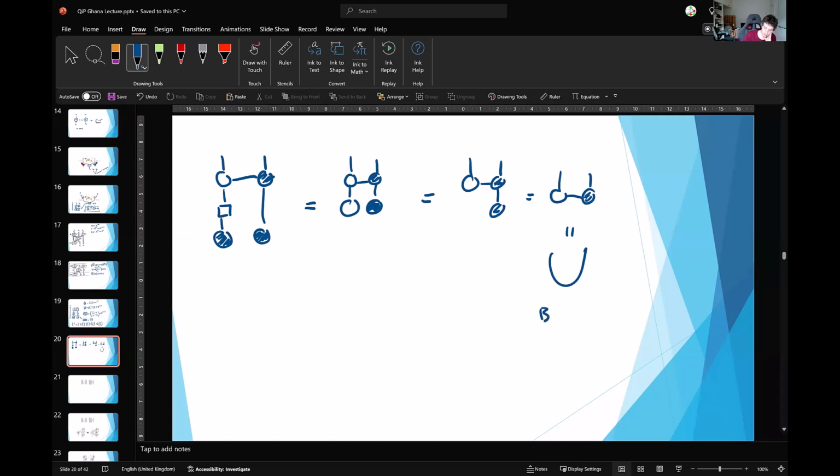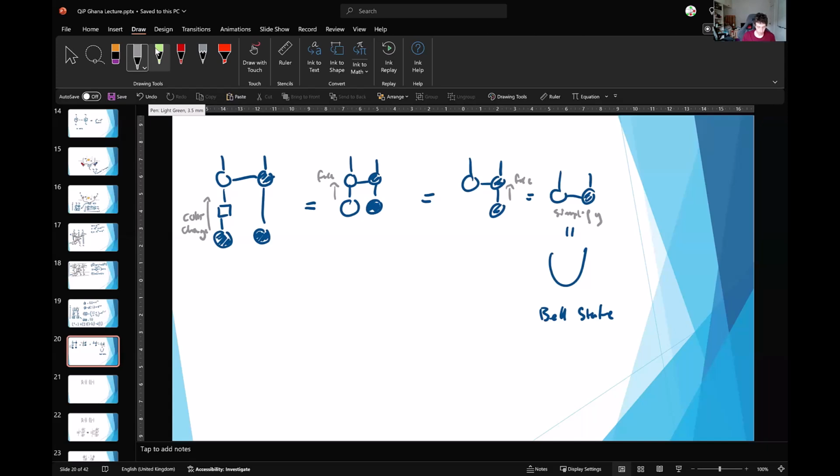And this is going to be the Bell state. And you're not going to have to do any matrix multiplication at all. You can just do it by applying some diagrammatic rules, which will be introduced later on. This is a color change, and this is sort of fuse. This is fuse, and then you simplify. That pretty much takes care of things.